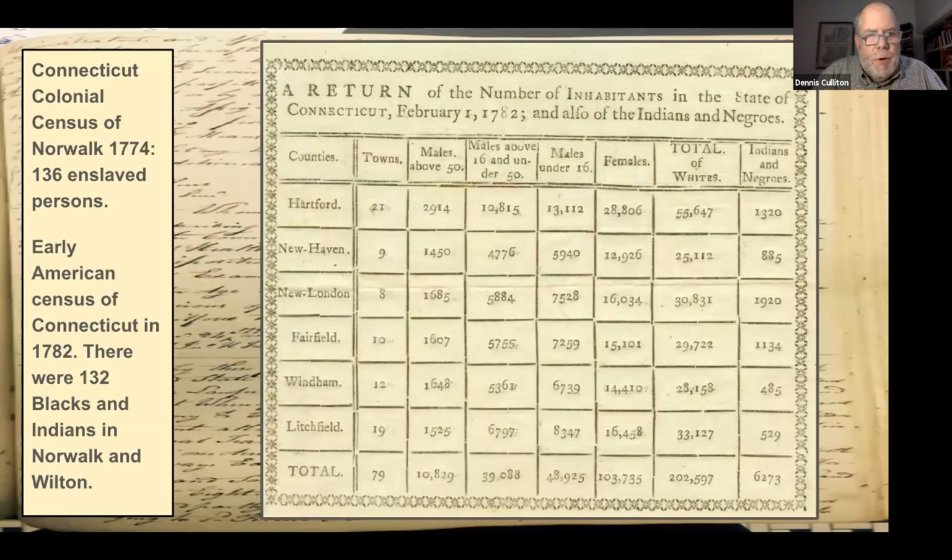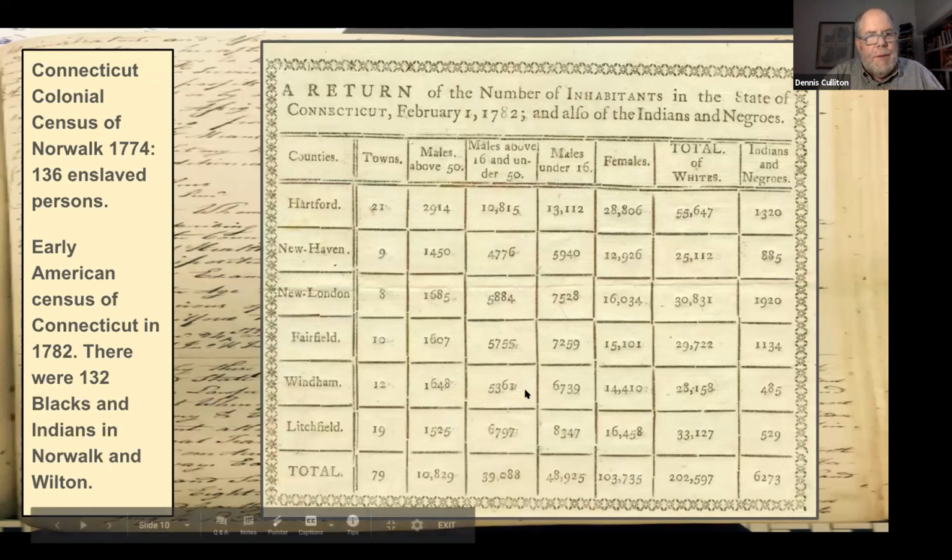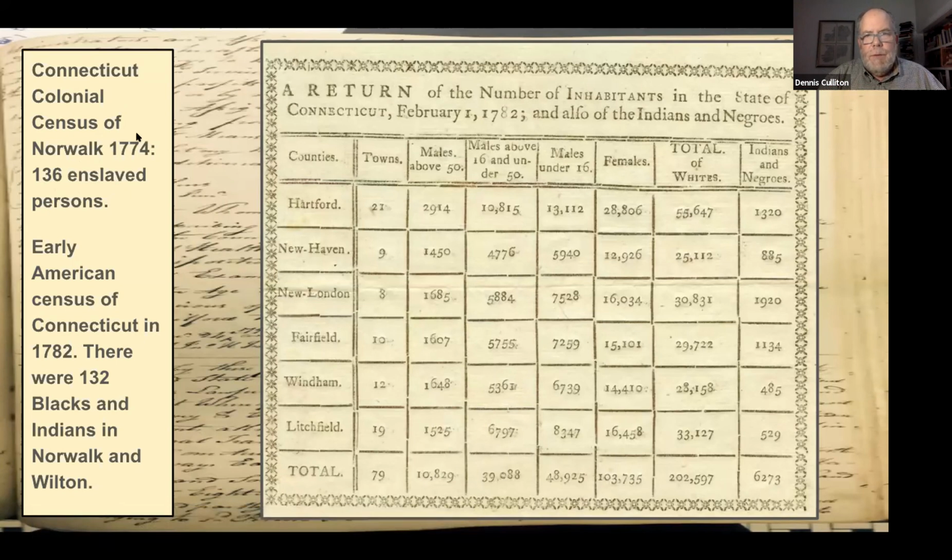Looking closer to home, we can see here in that same census, Norwalk had about 136 enslaved people in the 1774 census. And this is something I just found, I hadn't seen this before, which is the return on the number of inhabitants of the state of Connecticut. So this is now United States, state of Connecticut, 1782, and also Indians and Negroes.